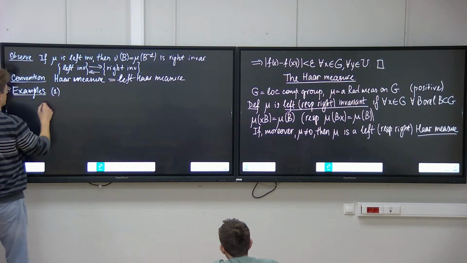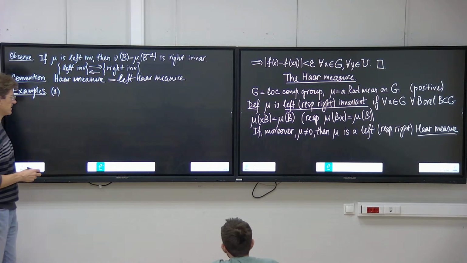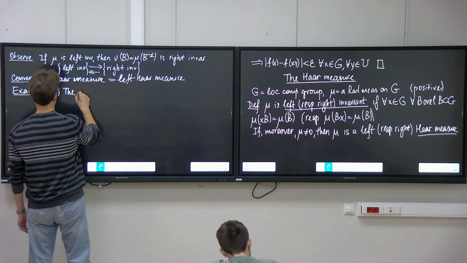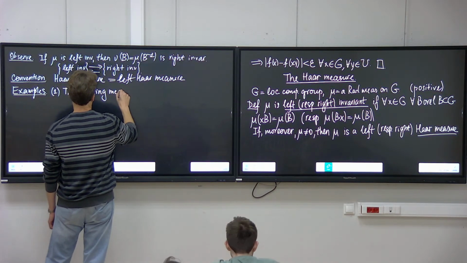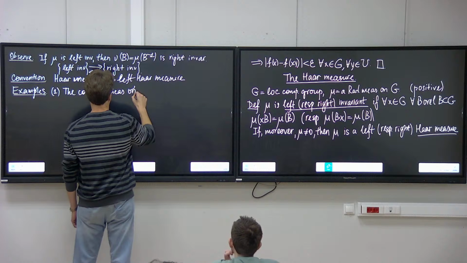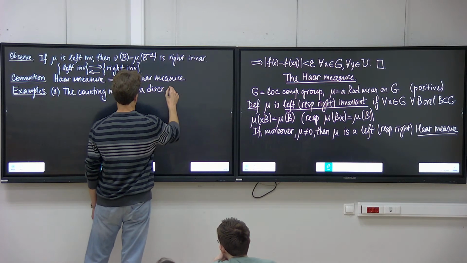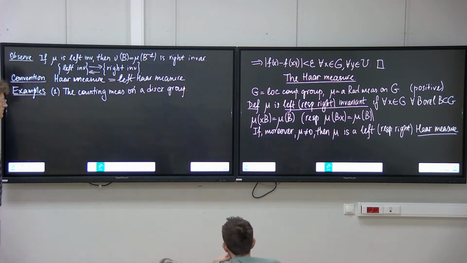First of all, clearly the counting measure on a discrete group is both a left and right Haar measure. Clearly, it is both left and right invariant.